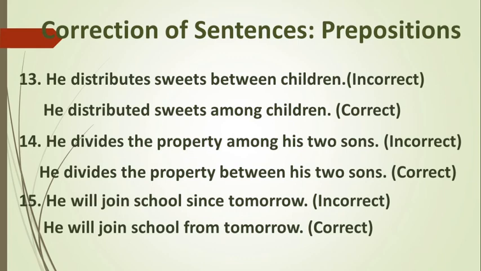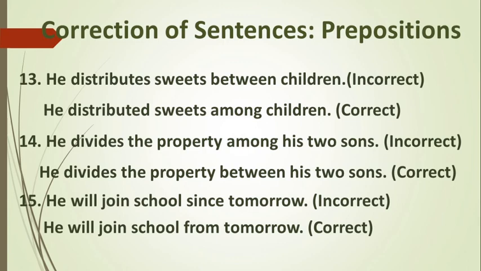Here, if you look into this, we use the preposition among to show the relation of more than two things, and between is used to show the relation between two things. So here children refers to more than two, so among is the right answer while between is the wrong answer. The second sentence is the right one.